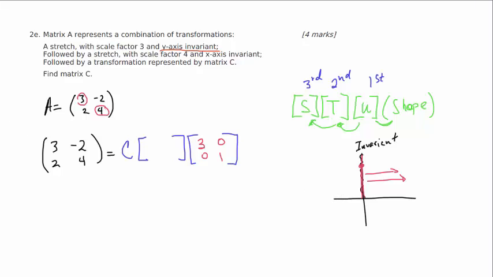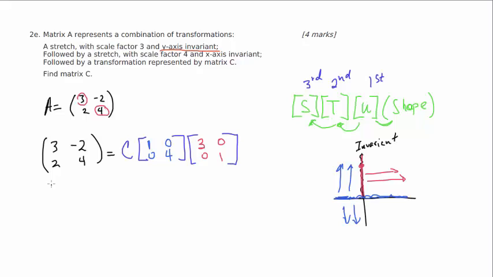So if X is the invariant line, everything stretches away from the invariant line, so it's parallel to the y-axis, which is this matrix, and then we have multiplied by C. So what do we know?